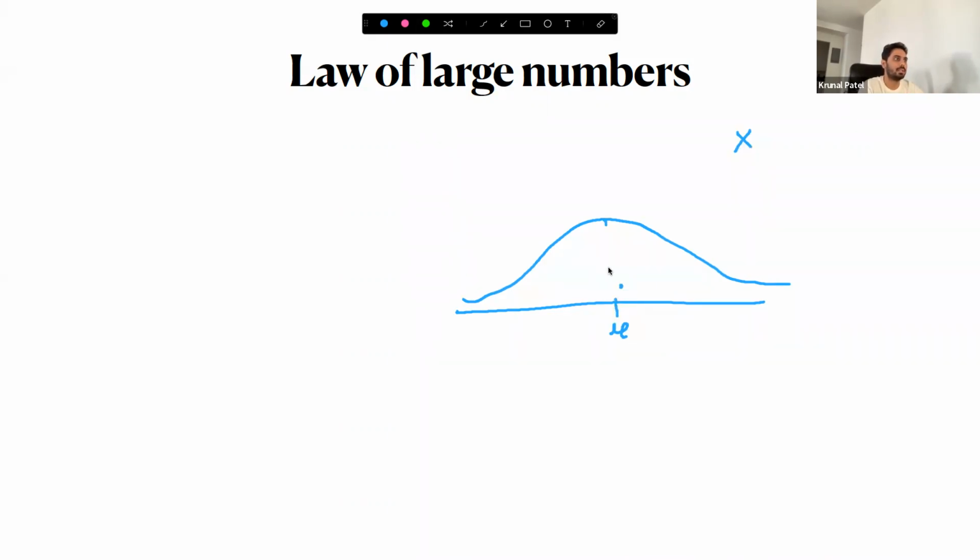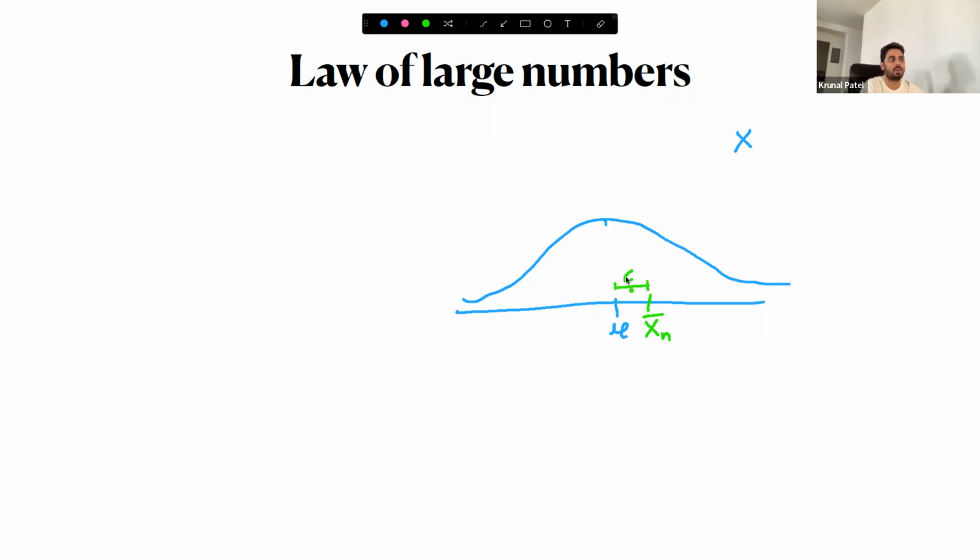But if I calculate it that way, then I might not get the same mean as the original mean. I might get, let's just say, something over here, right? So let's just call it, I take n independent samples and I take the mean of that. So what I end up getting is something like this. So I basically make this kind of an error in measurement, right?